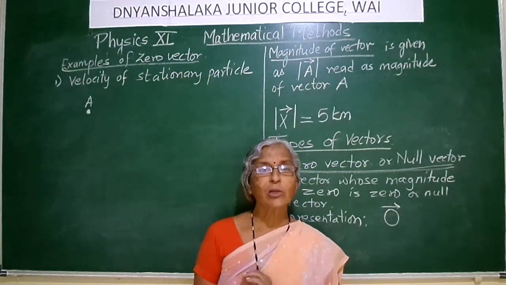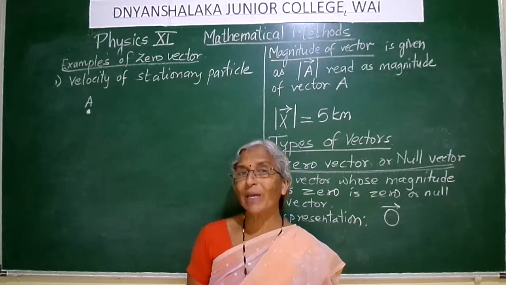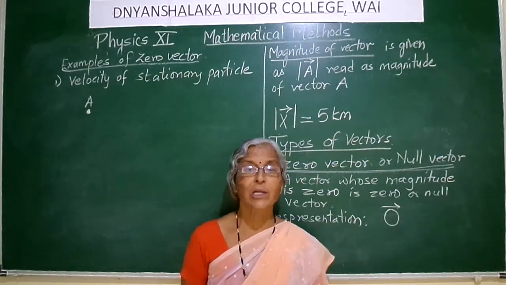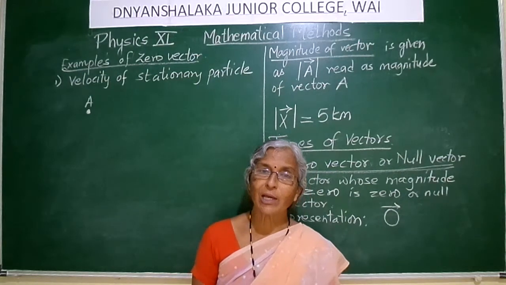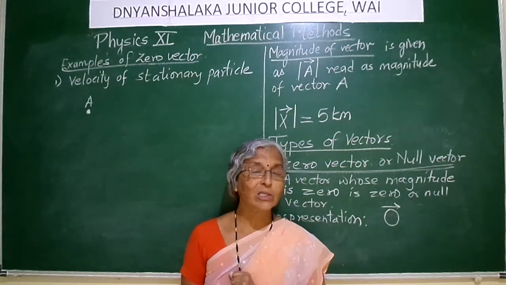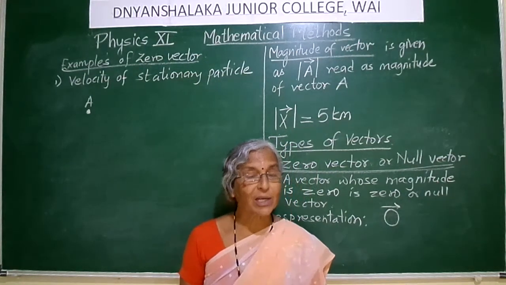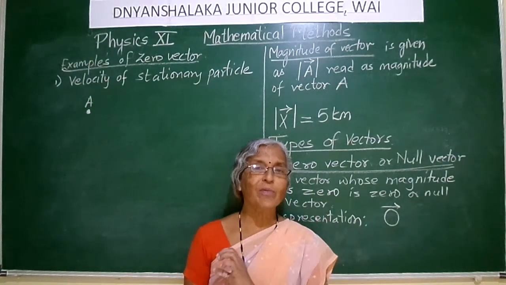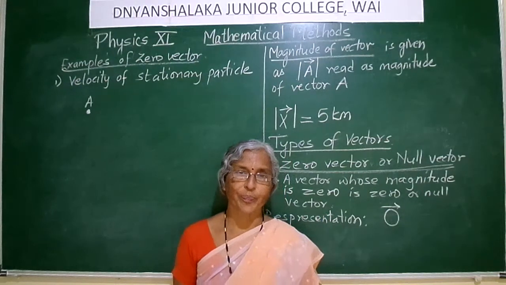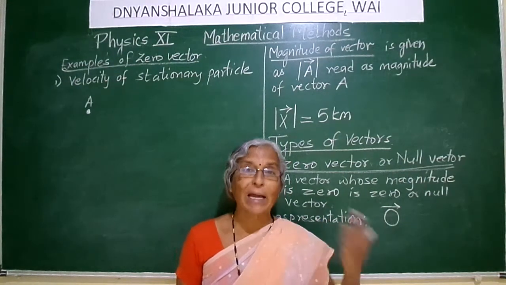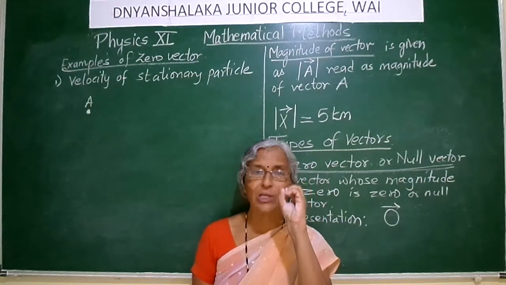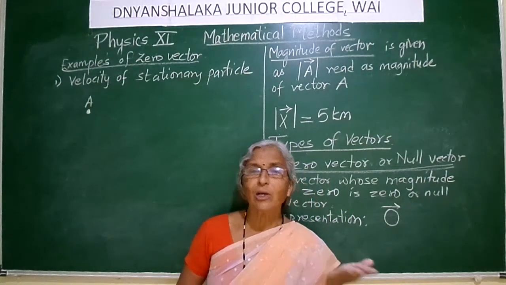When it is not moving, what will be its speed? Obviously equal to 0. Yes, speed is a scalar quantity. What will be its velocity, which is a vector quantity? Velocity, magnitude of the velocity is always the speed. वेलोसिटी का जो मैग्नीट्यूड होता है वो स्पीड होता है, तो मैग्नीट्यूड कितना हो गया? 0 हो गया. डायरेक्शन कुछ भी हो सकती है.